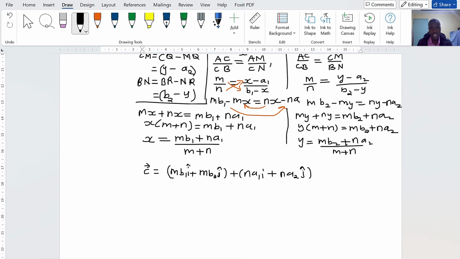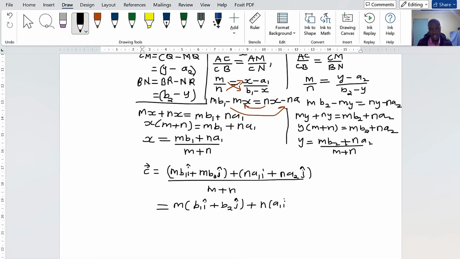Remember on y we have j, on x we have i. Same to a, n a1 and n a2. Then all this you divide by m plus n. Now finally we can factorize m to have m into b1 i plus b2 j, plus you can factorize n into a1 i plus a2 j. Now all this you divide by m plus n, common denominator.